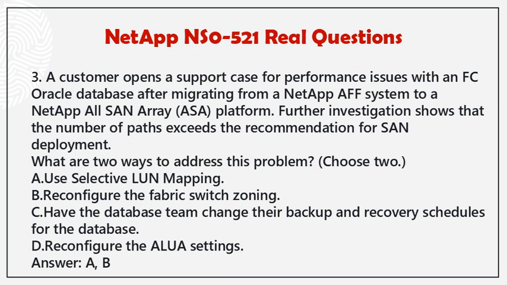Choose 2. A. Use selective LUN mapping. B. Reconfigure the fabric switch zoning. C. Have the database team change their backup and recovery schedules for the database. D. Reconfigure the ALUA settings. Answer: A, B.